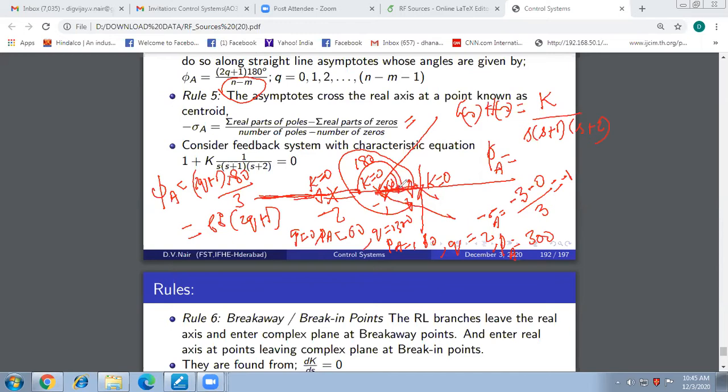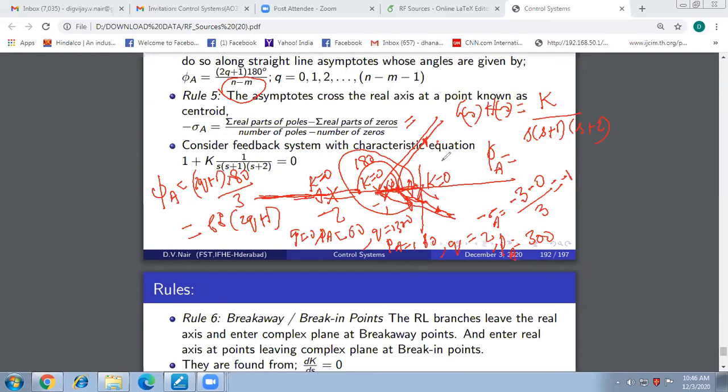But let us say somewhere here, the two branches leave the real axis. Once they leave the real axis, how do they move further? One branch moves parallel to this asymptote. This is one branch that has left the real axis and is moving here. Another branch leaves the real axis and moves parallel to this asymptote, and its direction is given by the arrow.